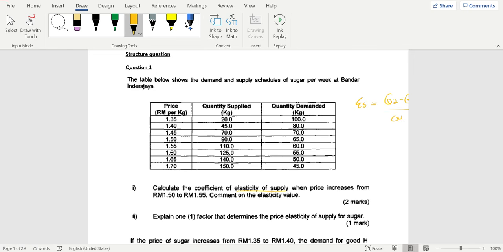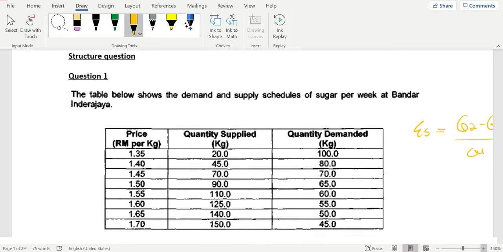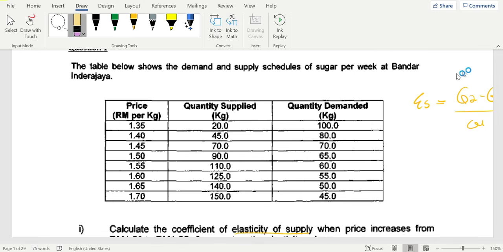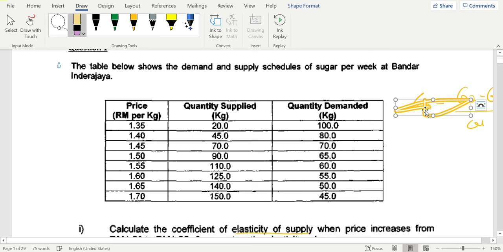I'll make it bigger. Okay, so I've made it bigger.